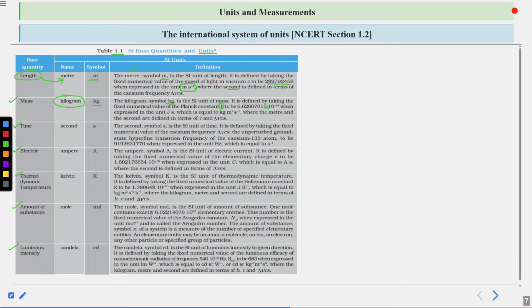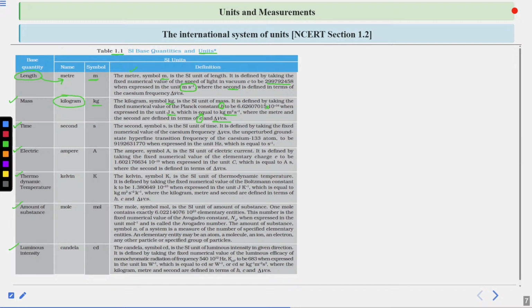When expressed in the unit joule second, which is equal to another unit, kg meter square per second, where the meter and second are defined in terms of c and the caesium frequency. So mass is the second base unit, or second fundamental unit.